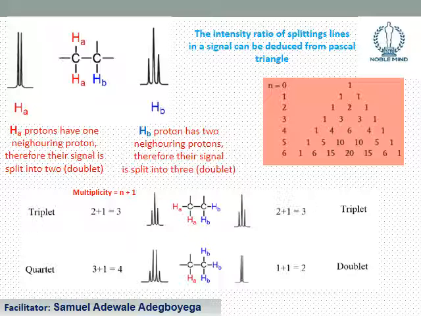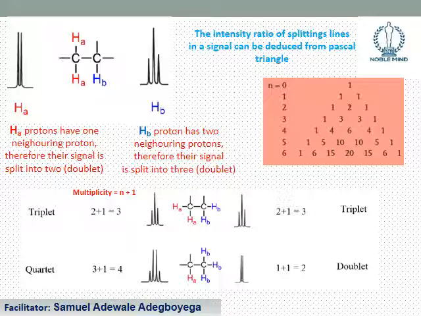I'm talking about HAs. It is the 2 protons labeled HA that will split the peak of HB, called splitting or multiplicity or what you call it. And we have 2 HAs, 2 plus 1 making 3. So that means you are expecting 3 peaks in the signal of HB.